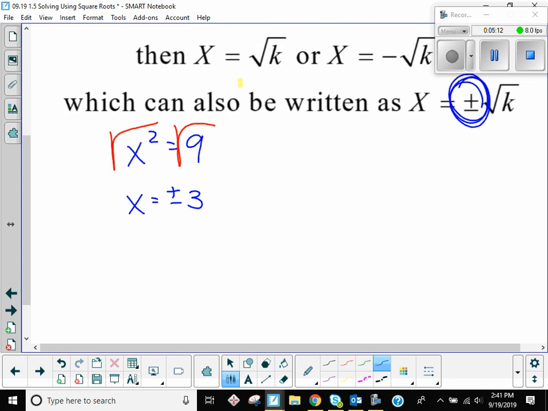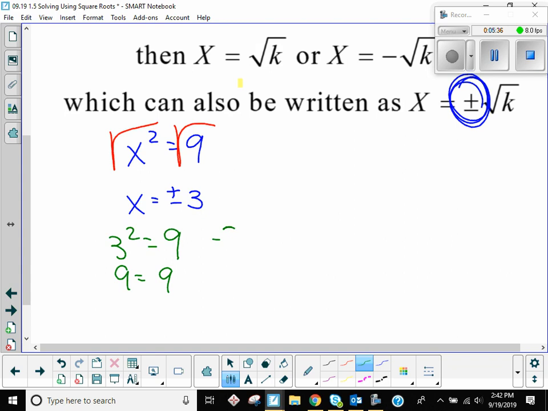But just to jog your memory, 'cause sometimes we just get on autopilot and we just say plus or minus. Here's what's going on. If you were to take this 3 back into the original equation, if you put positive 3 back here, that's a true statement, right? 9 equals 9. But even if you put the negative 3 back in for this x right here, it's times itself.